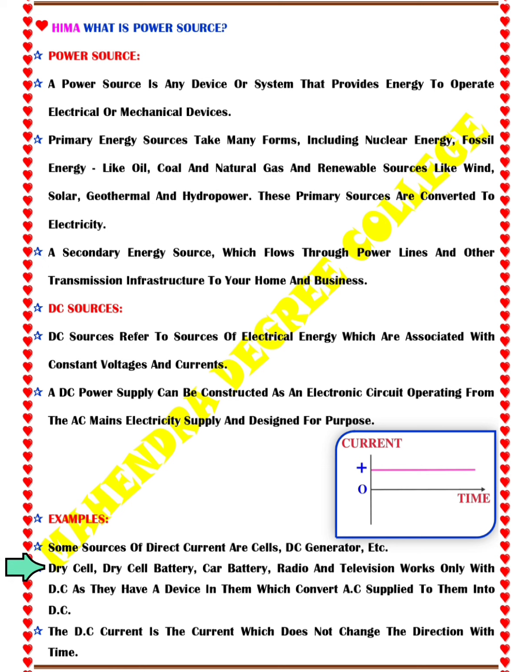Devices like dry cells, dry cell batteries, car batteries, radios, and televisions work only with direct current, as they have built-in circuits that convert the AC supply into DC.